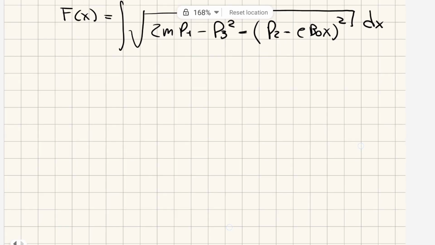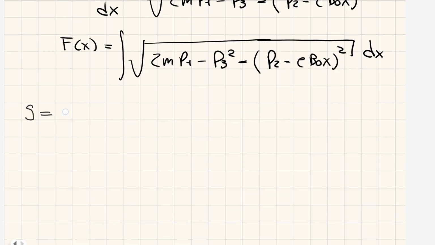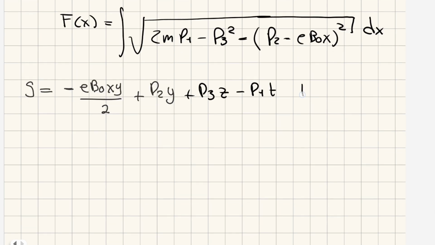So that means that if we directly construct that s, we will have that this is minus EB0xy divided by 2 plus P2y and then plus P3z minus P1t and then plus f of x, right?